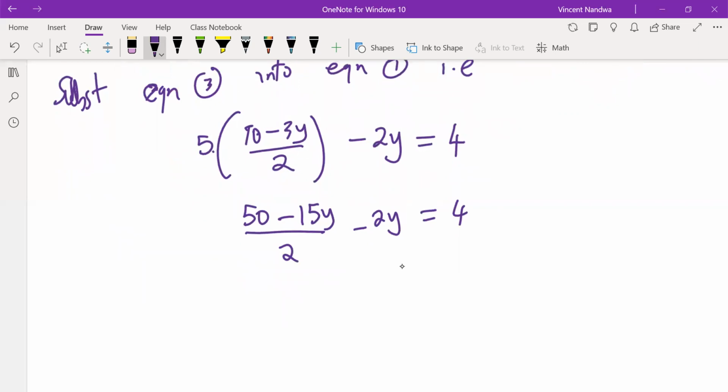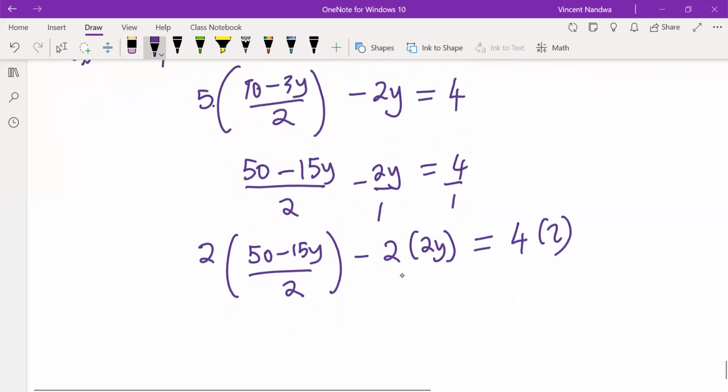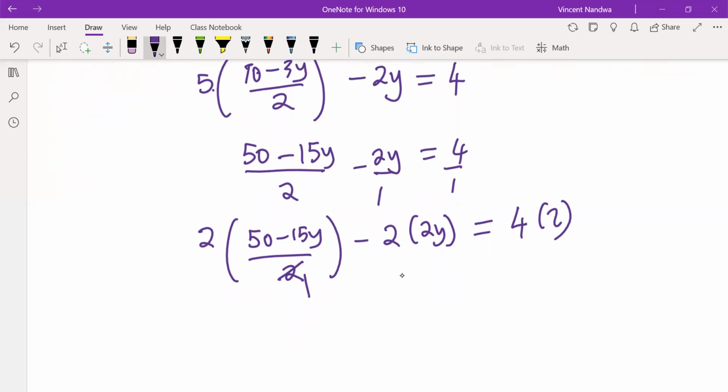Now, the easiest way is to multiply each term by 2. So 2 times (50 minus 15y) over 2, minus 2 times 2y, equals 4 times 2. I'll multiply 2 by every term in the equation, so this and this cancel out. So we'll have 50 minus 15y minus 4y equals 8.